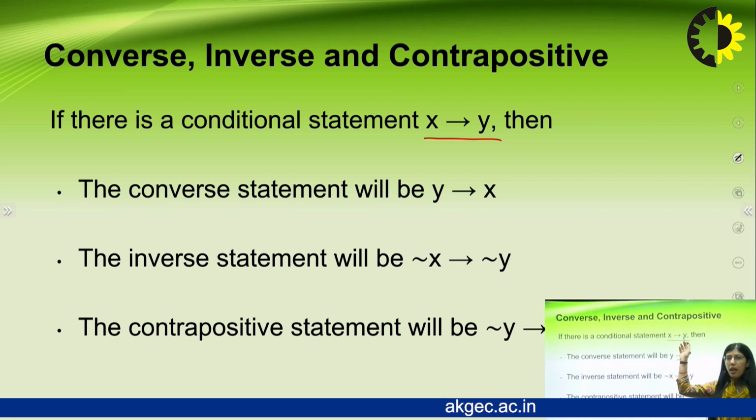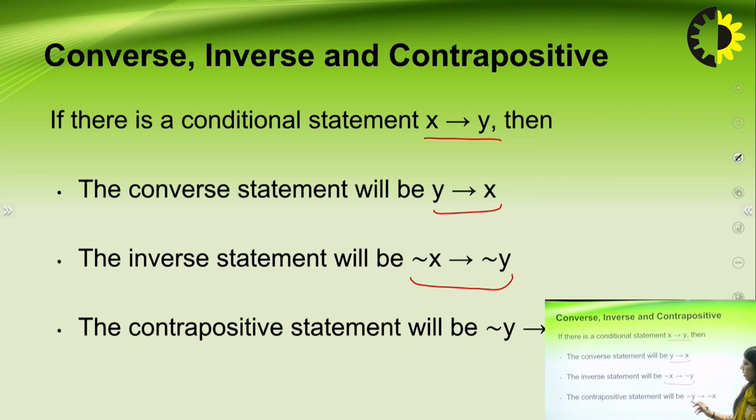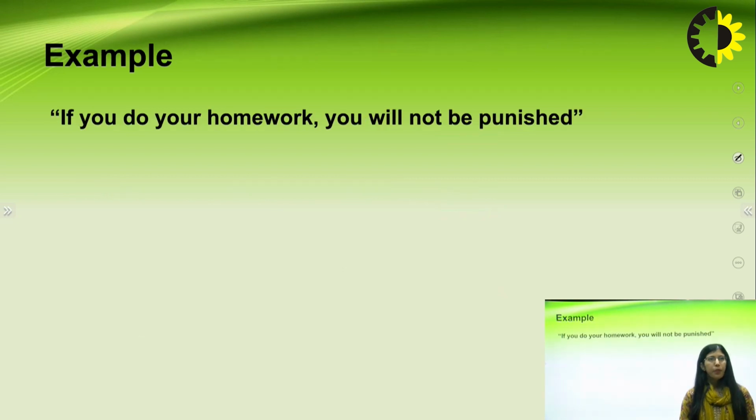For example, we have X implies Y. Then the converse of this particular statement is Y implies X. Just swap both of these values. In case of the inverse, we have negation of X implies negation of Y. And in the contrapositive, we swap both of the values and also perform the negation. So here we have negation of Y implies negation of X. Let's see it using an example.